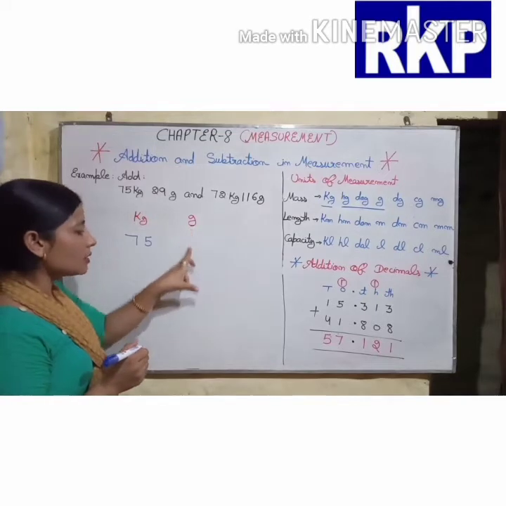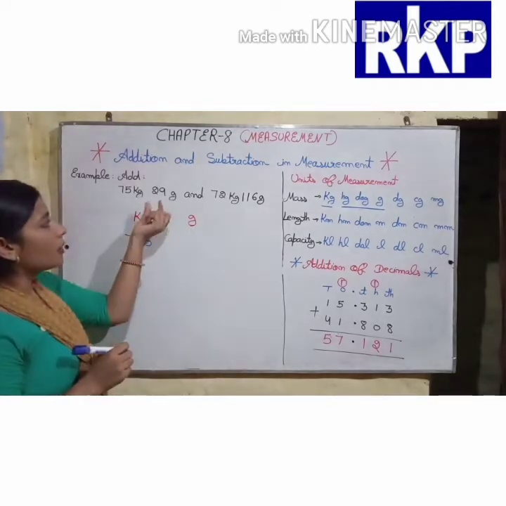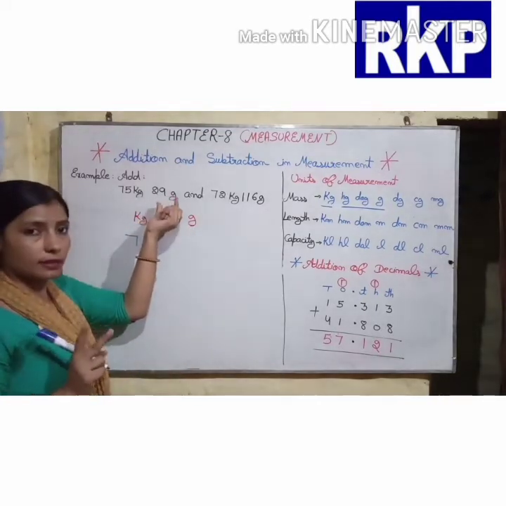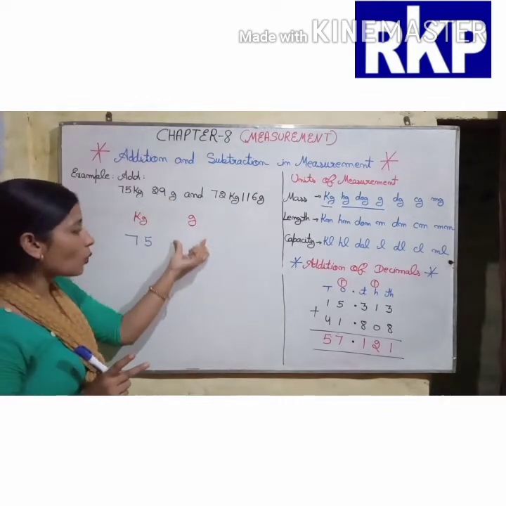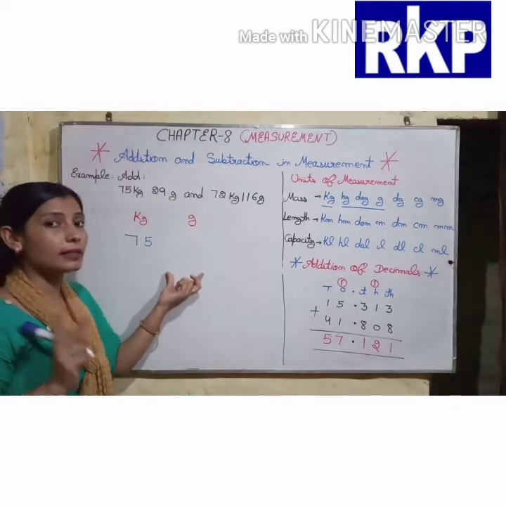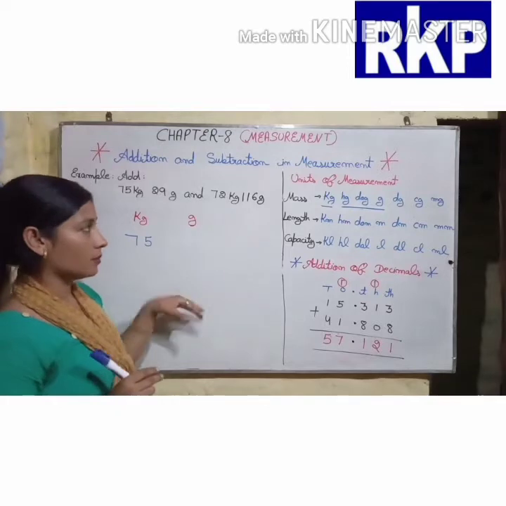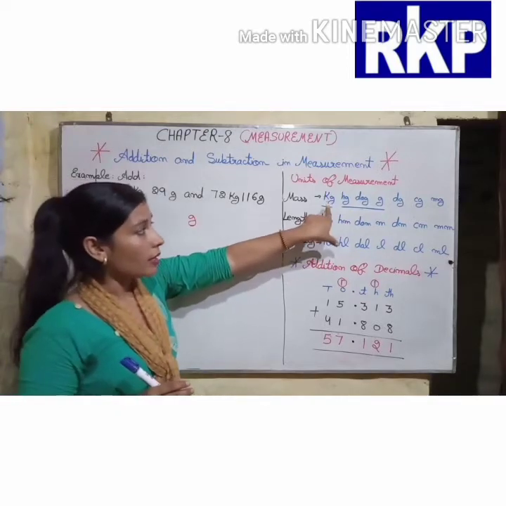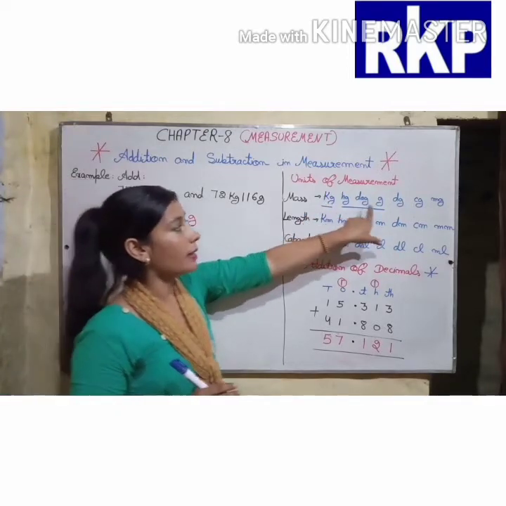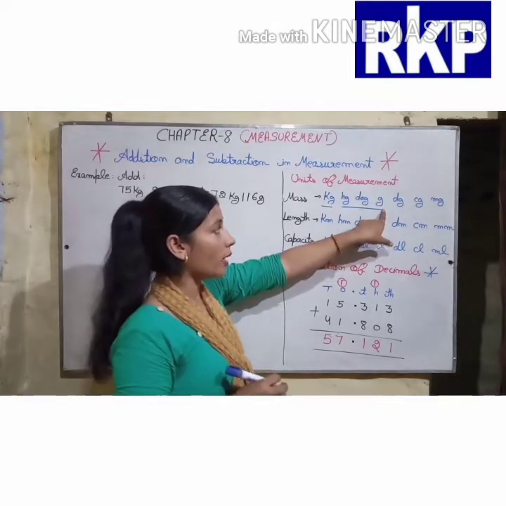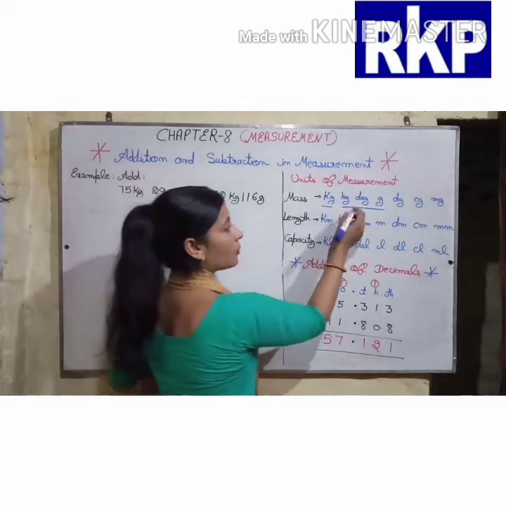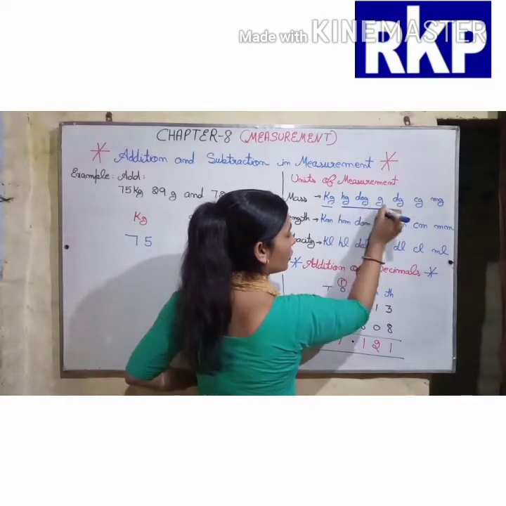29 in this column. But beta, here we have only two digits. But in this column we should have three digits. Why? Because you can see here we have kilogram and here we have gram. After kilogram we have three units.